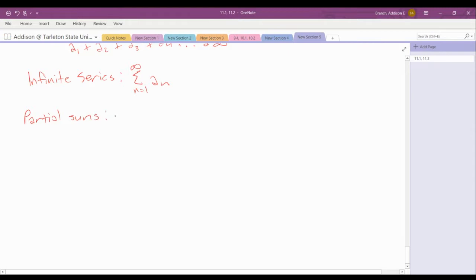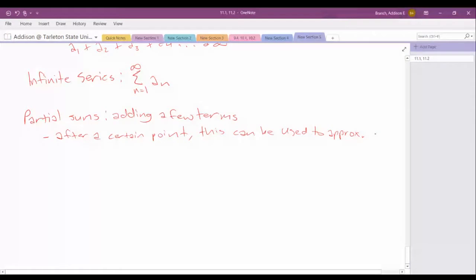Those are used whenever you're just adding a few terms out of your sequence. And usually, after a certain point, this can be used to approximate your total sum.